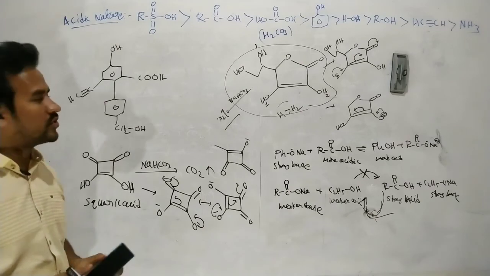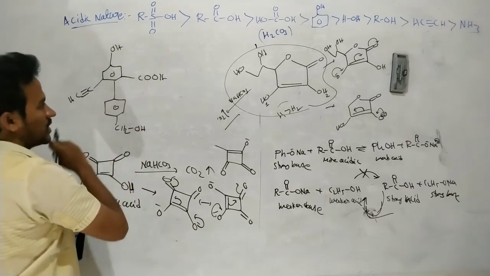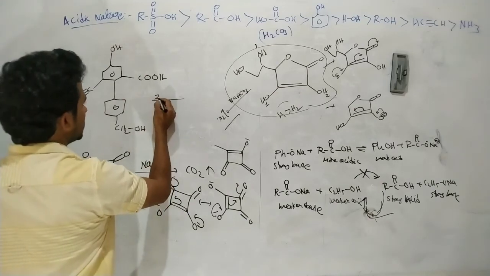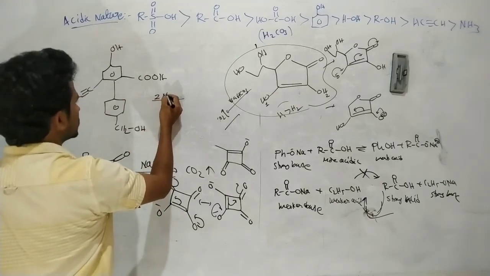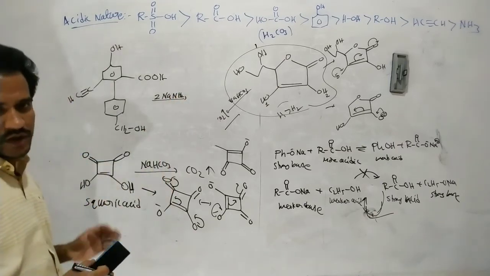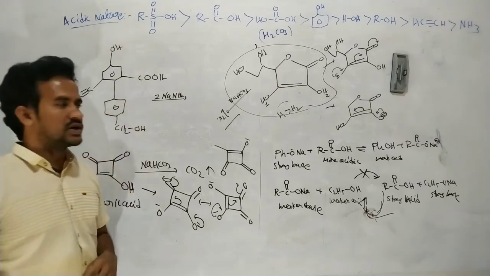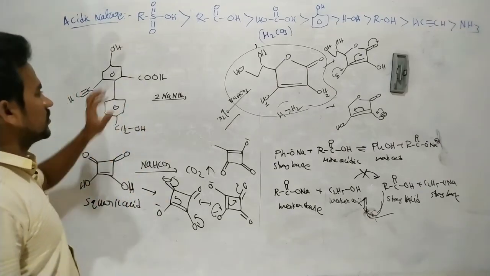This is a polyfunctional compound, containing a carboxylic acid group, phenol group, acetylene group, and alcohol group. Now I am taking just 2 moles of sodium amide, just 2 equivalents added to this compound.